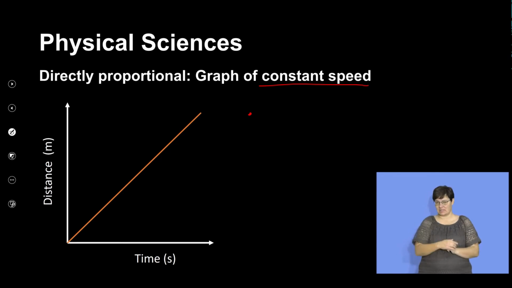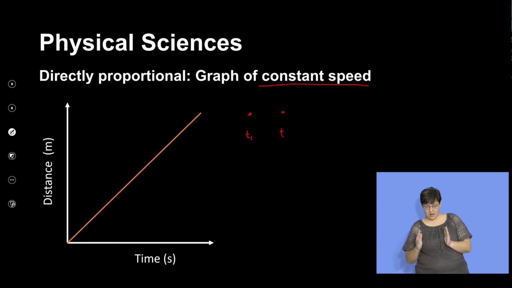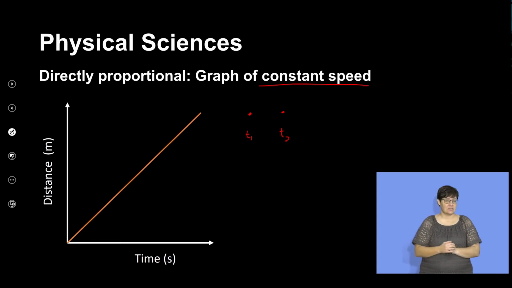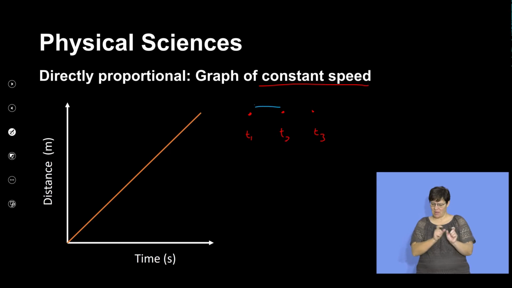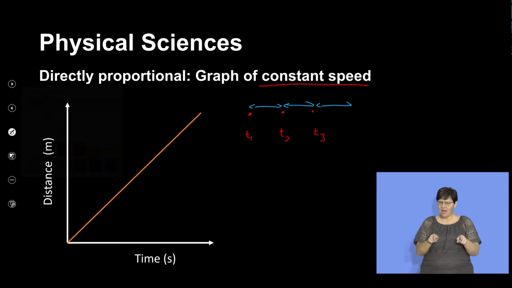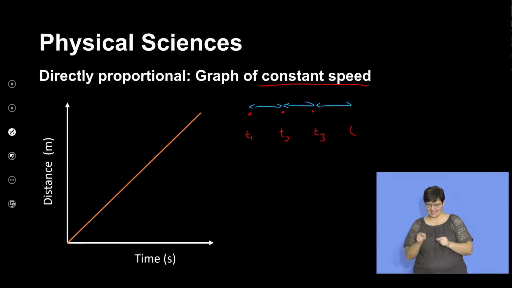If that's the initial point where we're going to start the clock, and we say time equals 1, then after a certain amount of time, what we're going to find is the object has moved. That's time equals 2. In the same time interval, we'd find that it has moved an equal distance. If we were to compare these distances that have been moved, you'll see they're roughly equal. In each of the time intervals, we'll find we have equal distance in equal time.